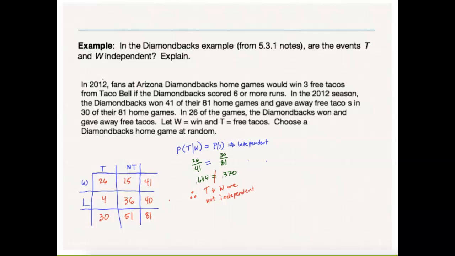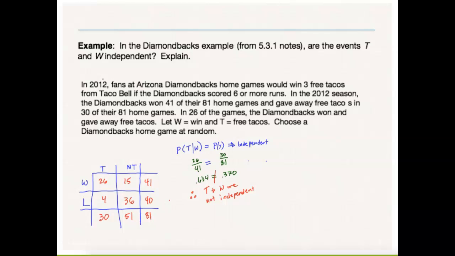Meaning, knowing our winning status influences the probability of whether or not we get tacos, which makes sense because getting tacos is dependent on a number of runs, and you're generally going to be more likely to win if you get more runs. So you would expect the likelihood of getting tacos to be higher if you win in most cases, right?